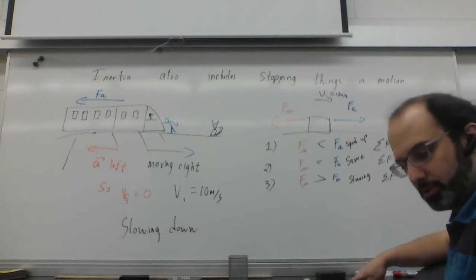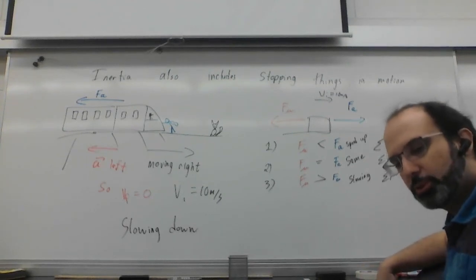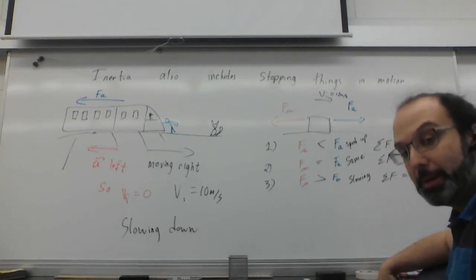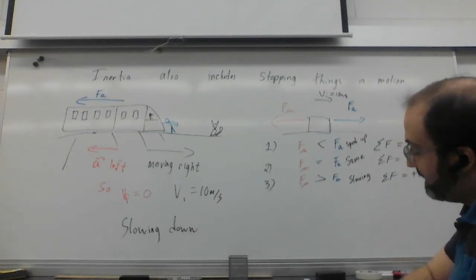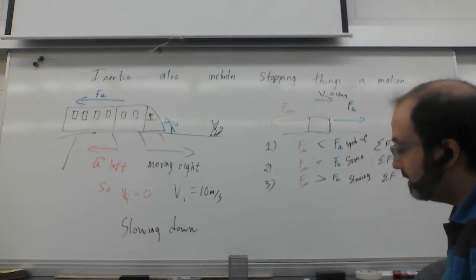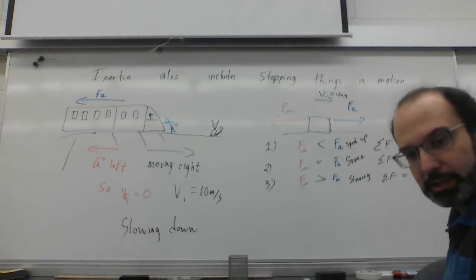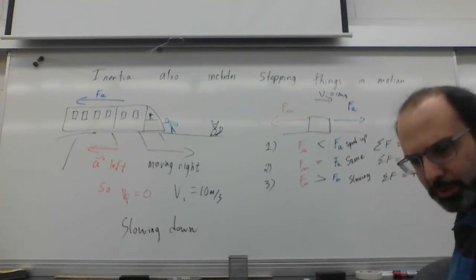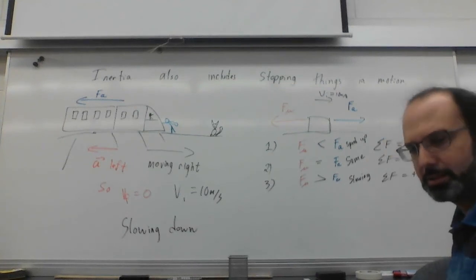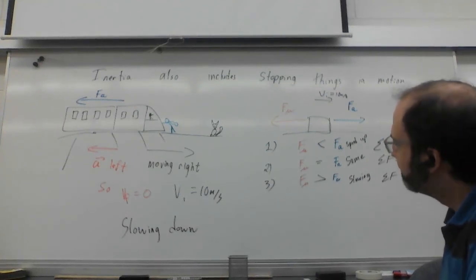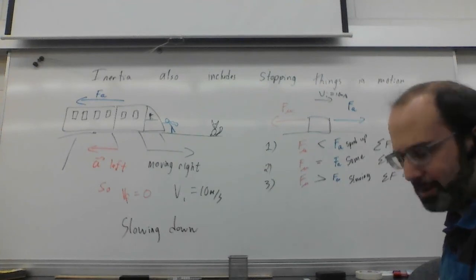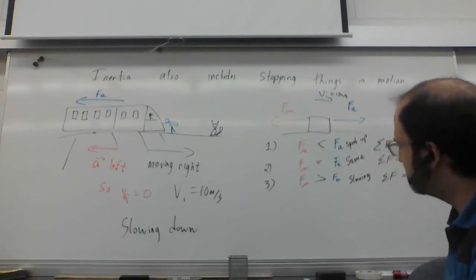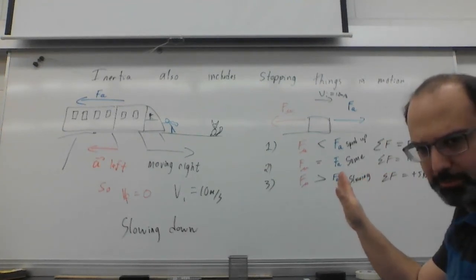If the two forces are equal, that means that each force is creating exactly the same acceleration. If they have the same acceleration, that means they have no real effect on each other because the two accelerations are perfectly balanced. The net result is that it's just staying the same.